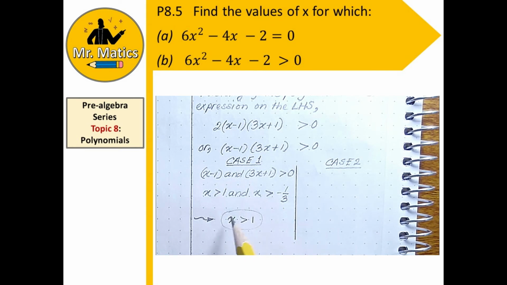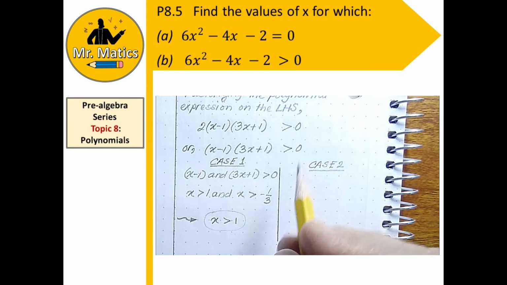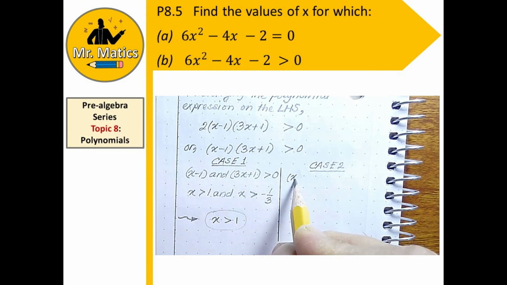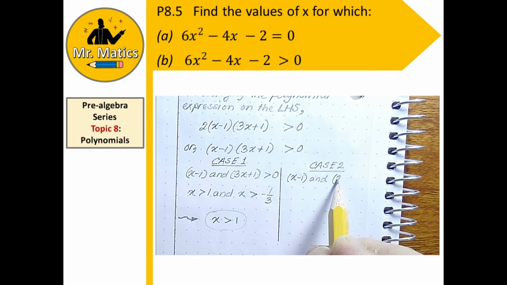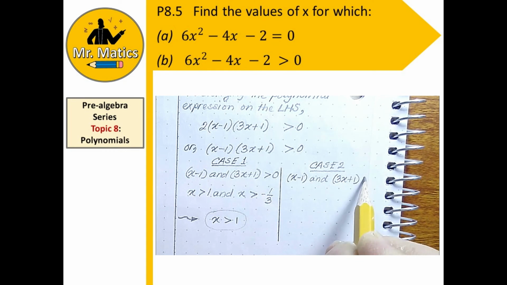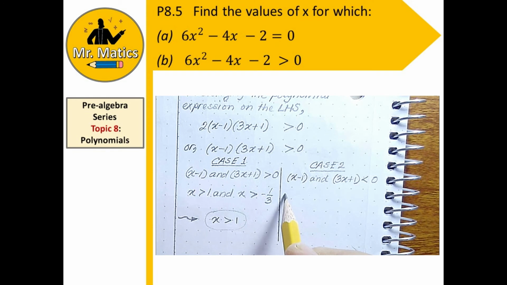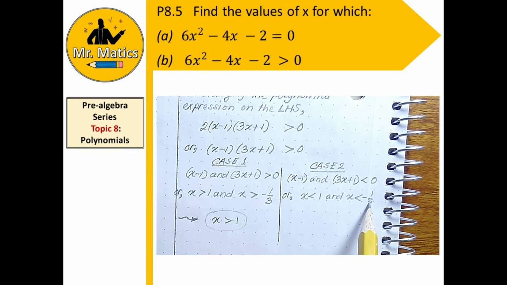And then we go to case 2. In case 2, x minus 1 and 3x plus 1 are both negative, less than 0. Or, write or here as well, or x is less than 1 and x is less than minus 1/3.